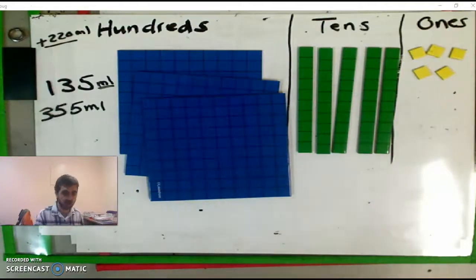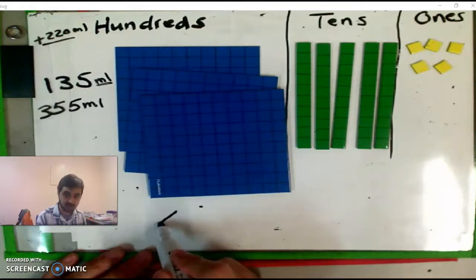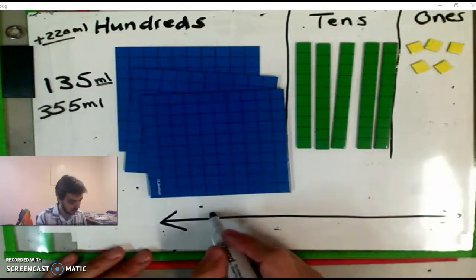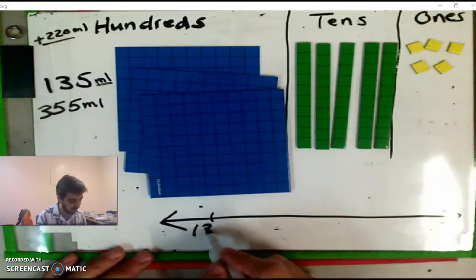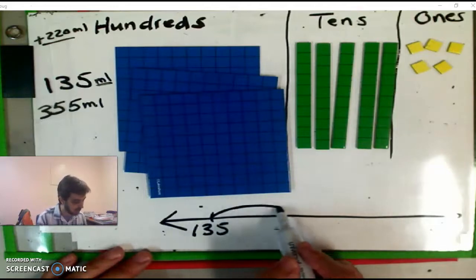All right, so on our number line, it would look like this. I'm going to draw my open number line. I'm at 135, right? Now watch this. Yesterday we worked on this a lot, right? So we can add 200.